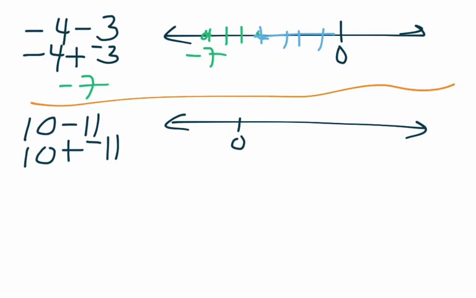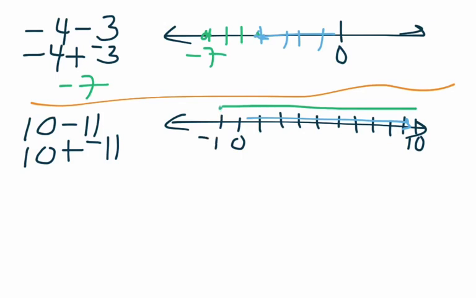You can move away from the number line at your pace, whatever's comfortable for you. We're going to go to the right 10, and then we're going to go to the left 11. So 1, 2, 3, 4, 5, 6, 7, 8, 9, 10, and we're going to go that way, and then we're going to come back 10, and then we're going to go one more, and that's going to put us at negative 1.